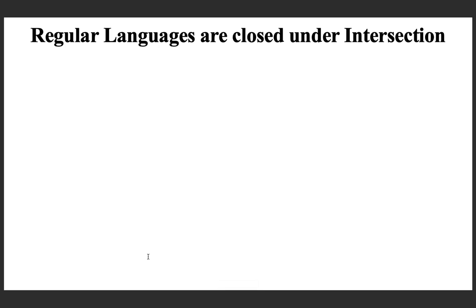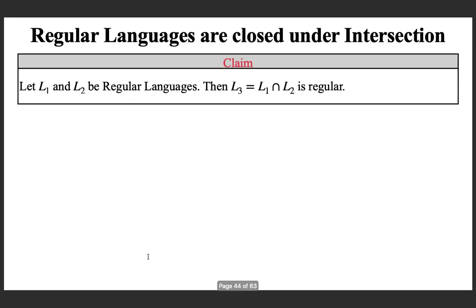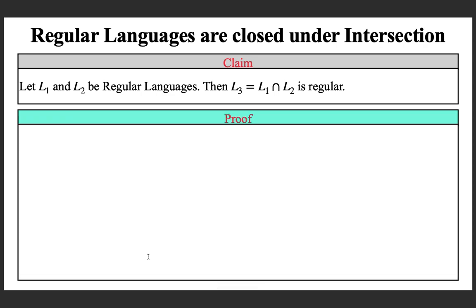We are going to prove that regular languages are closed under intersection. We can have this claim which tells if L1 and L2 are regular languages, then their intersection is also regular. We can use the closure properties that we already proved and De Morgan's law to prove it.